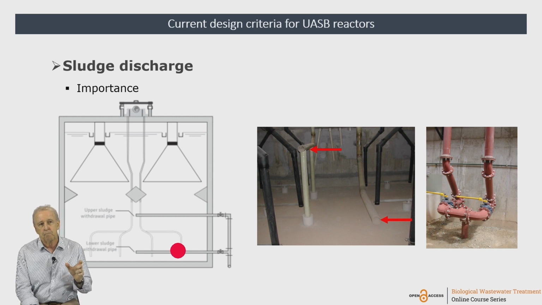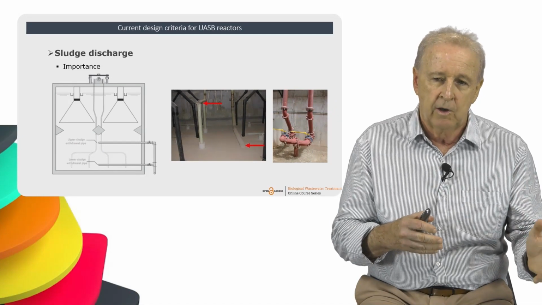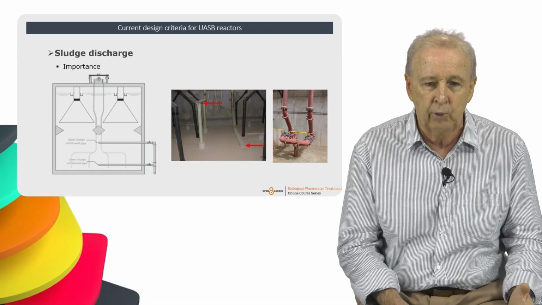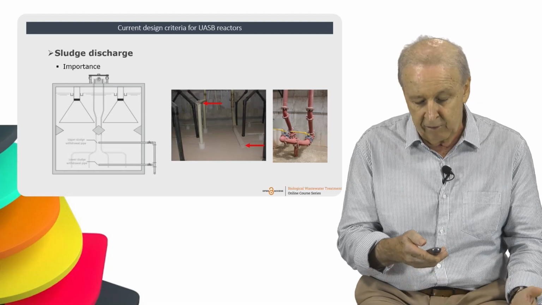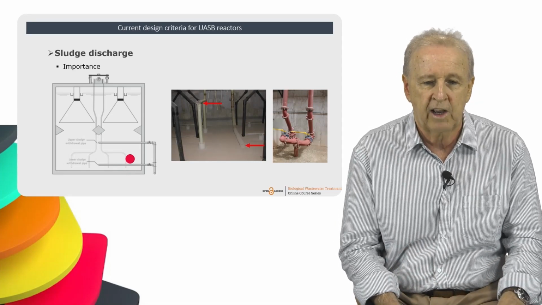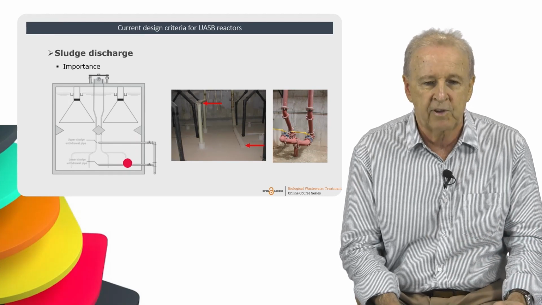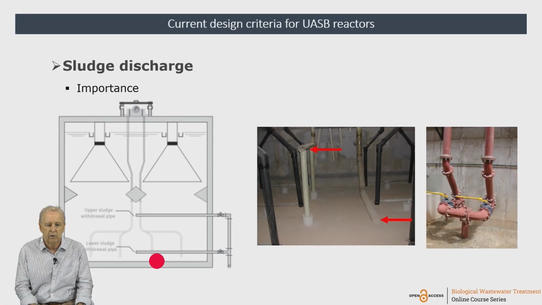So this is one indication that we have to have during the design, because the volume of the sludge storage tank, the size of the sludge drying beds, or the capacity of the mechanized dehydration unit will depend on the volume that we're going to discharge from each point. Let's say 50% from this point, with sludge here at 5% concentration.